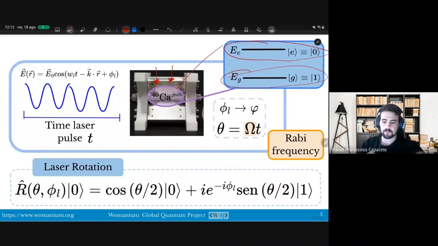Here you have the frequency of your laser, and the time of the pulse of your laser, because you can have a certain time pulse, I mean 5 seconds or whatever. This is also a vector that gives you the direction of the laser, the propagation of your wave, and this is just a phase.